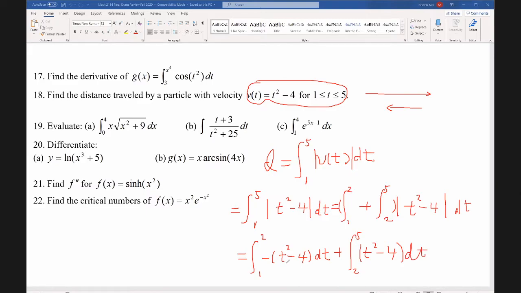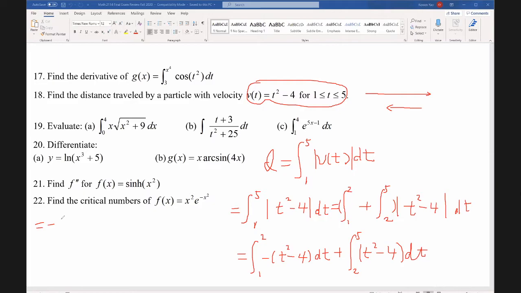Okay? So from 1 to 2, t squared minus 4 will be negative. So the absolute value of this will be negative, so negative will become positive, right? And from t is from 2 to 5, t squared minus 4 will be positive. So the absolute value is the same thing, right? Now you can find the antiderivative easily, right? So let me do it here, okay? For the first part, it will be negative.